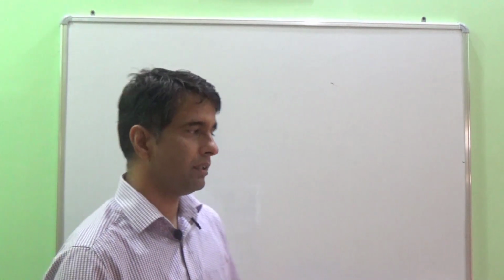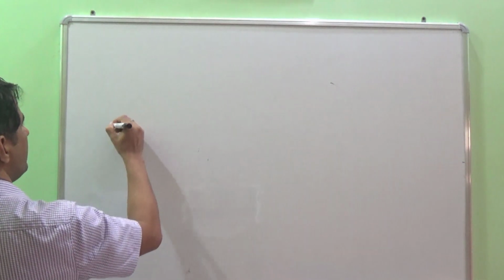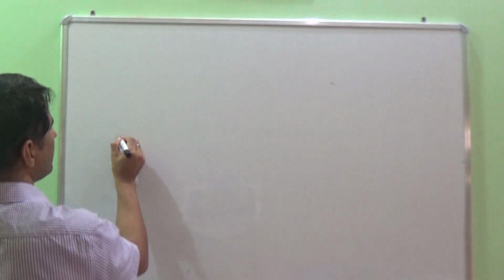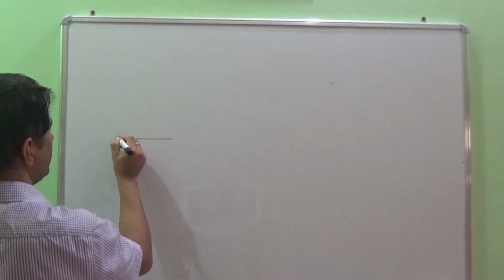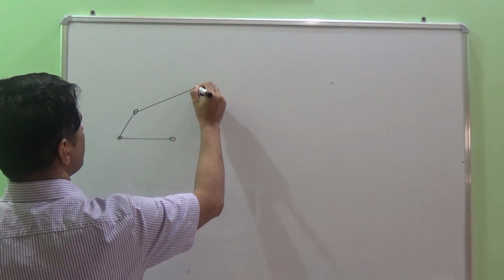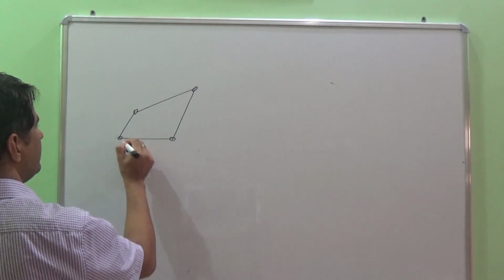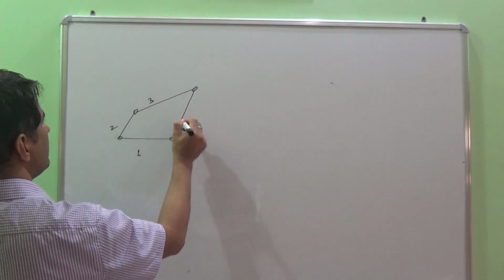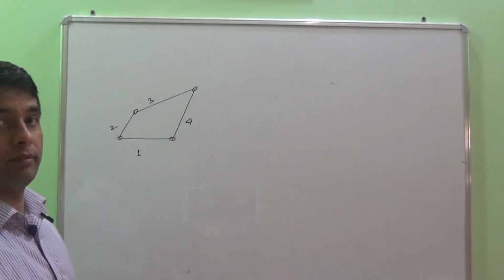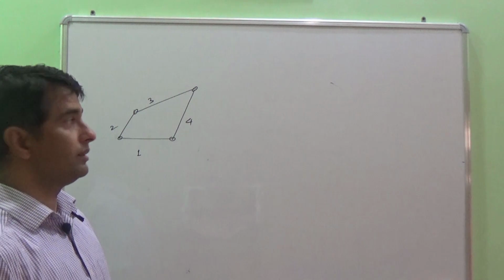So let's begin with the 4-bar kinematic chain. As you are aware, a 4-bar kinematic chain is like this. Here you can find there are 4 links, right? As per the definition, by fixing different links we can get different inversions.